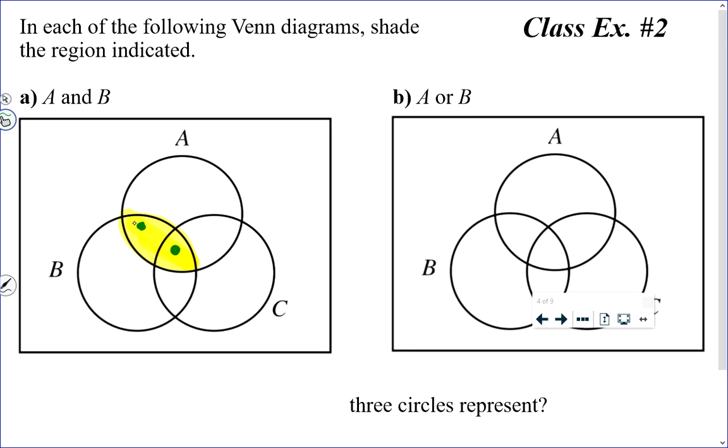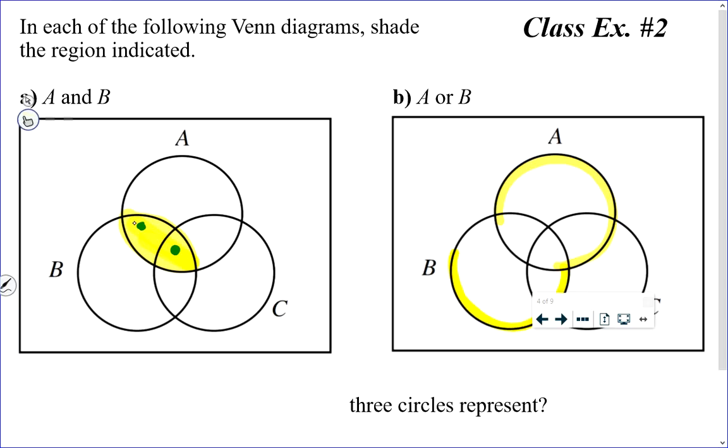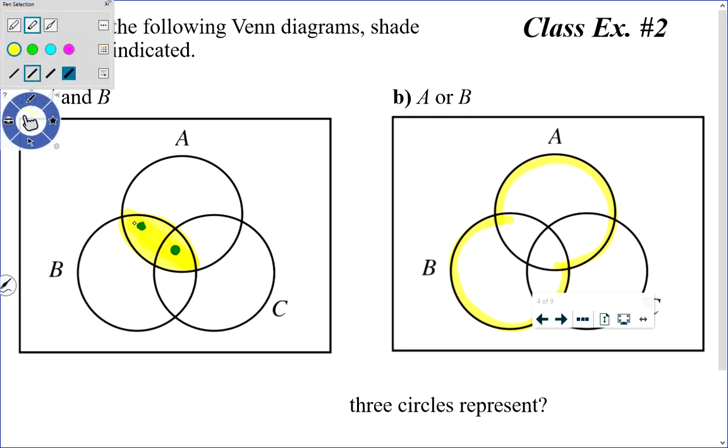What about A or B? Well, we just talked about that actually. A or B would be in A but not in B, or in B but not in A, or in both. So it's anything in that entire region.